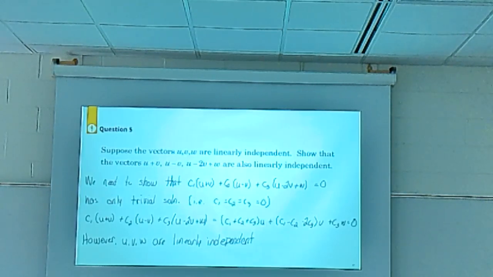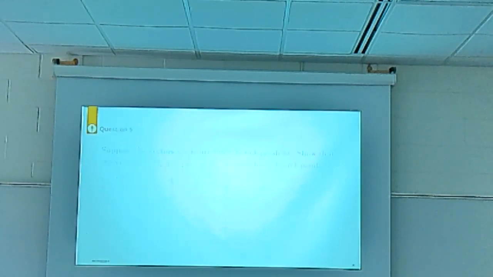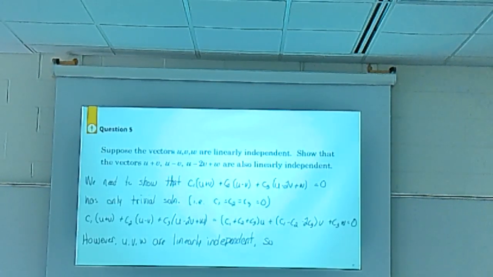But we're told that u, v, and w are linearly independent, right? So that means that any constant times u plus any constant times v plus any constant times w equal to 0 can only have the trivial solution. Well, what was the constant for u? C1 plus C2 plus C3, right?